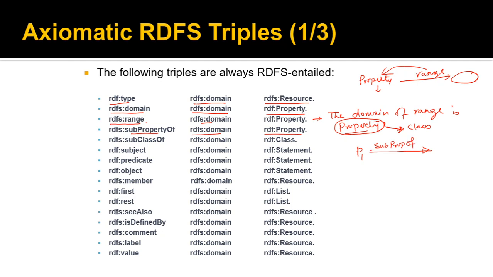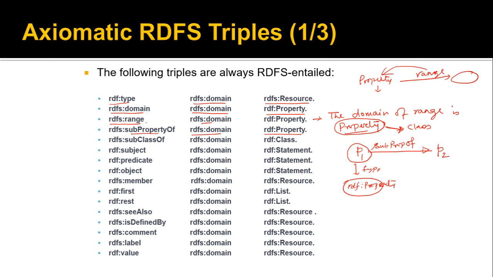I'm just shortening it, so I'm not writing the proper form of subPropertyOf, which is basically RDFS subPropertyOf. So this is P1 subPropertyOf P2. Now what is this? This is basically belonging to the class, so it is of type RDF property.